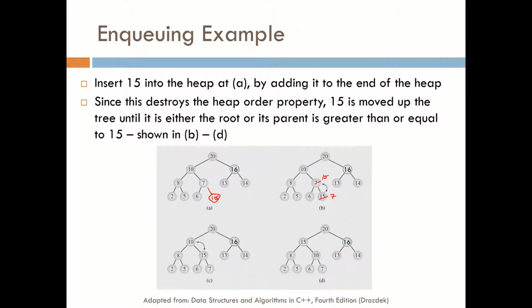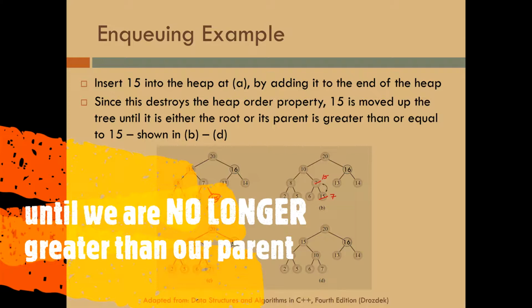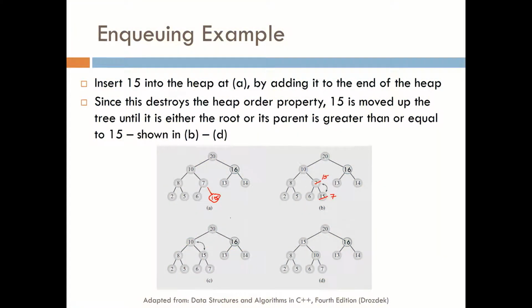Remember that we will continue to heap either until we are no longer greater than our parent or until we reach the root. So we compare the 15 and the 10, and 15 is greater than or equal to 10, so 10 and 15 swap places.